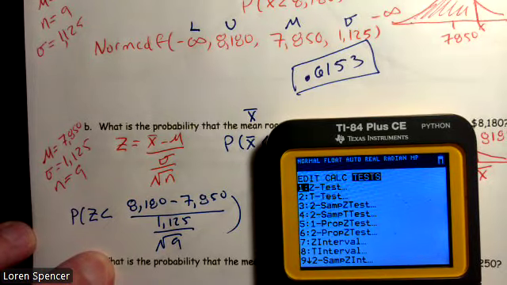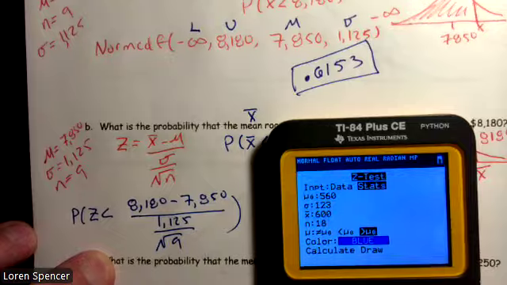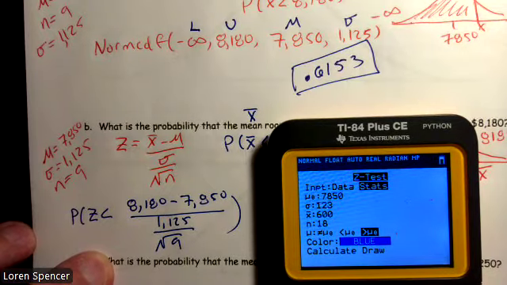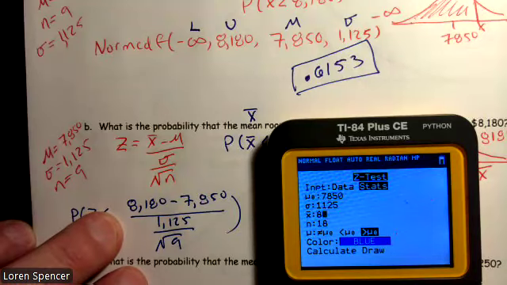Stat test, Z test, mean 7850, standard deviation, excuse me, 1125. X bar, the sample mean, 8,180. And our sample size was 9.